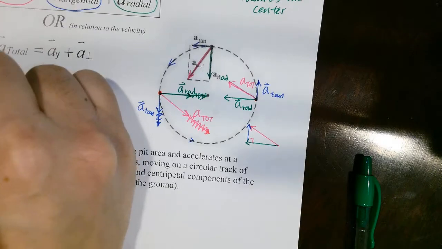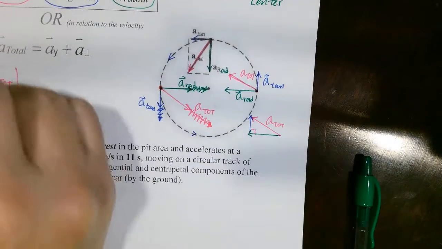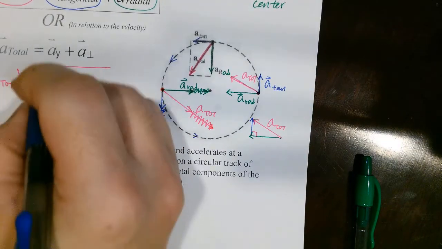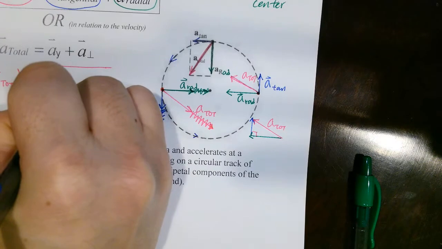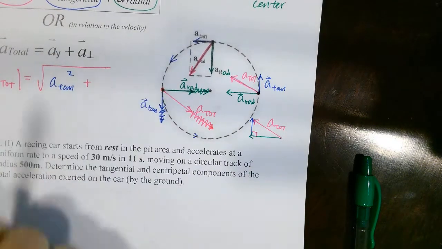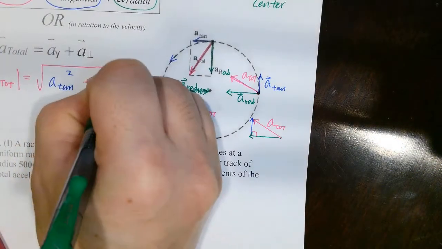So the magnitude of that A total will be just the square root of A tangential squared plus A radial squared.